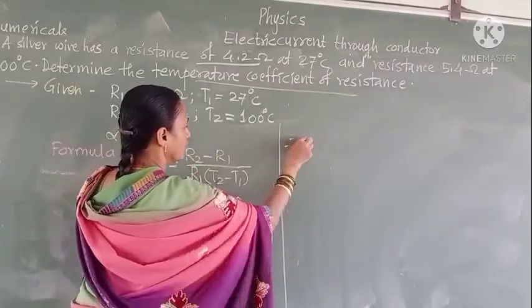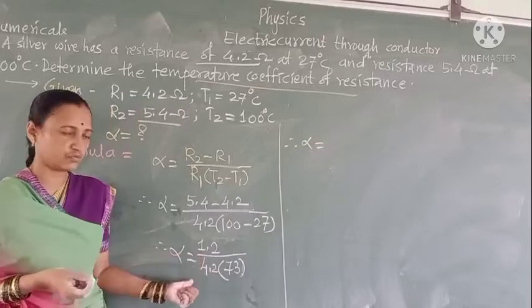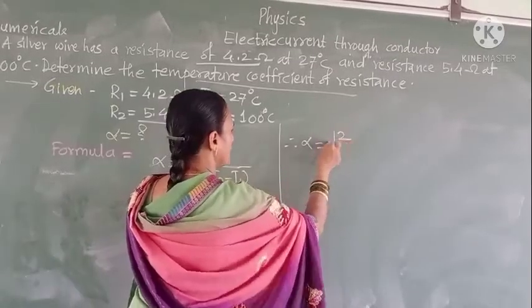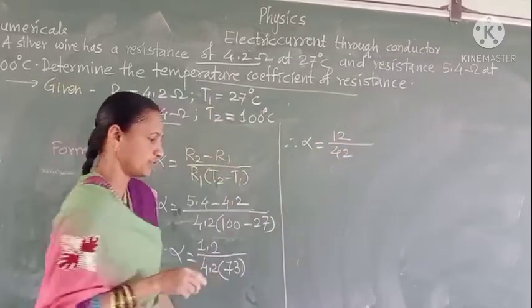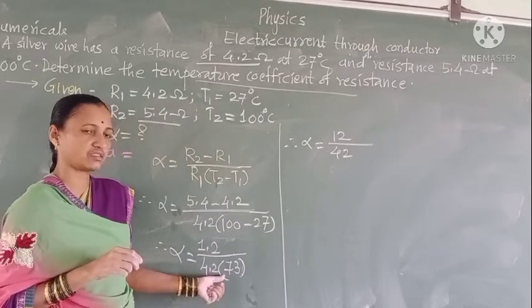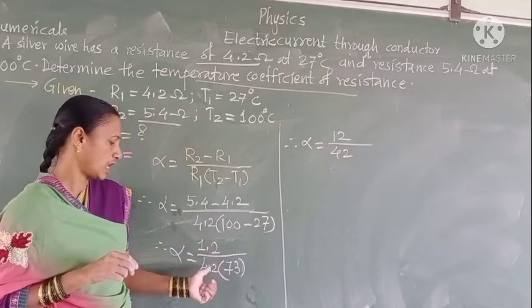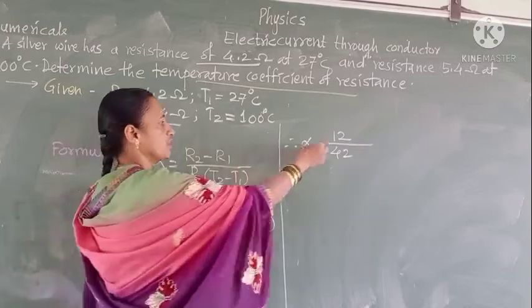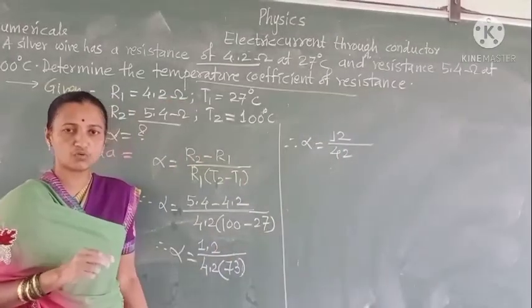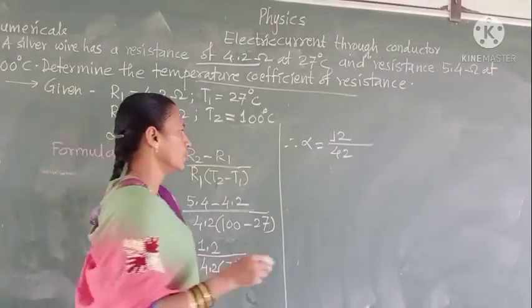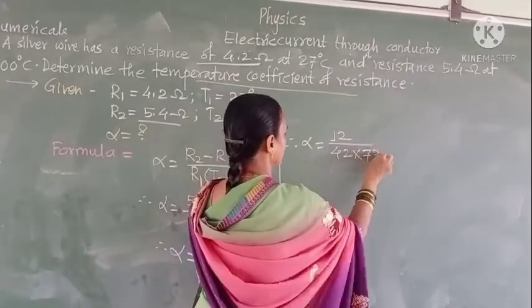Then we take this term in this way, that is 12 upon 42. Means we have to convert the decimal fraction, 1.2 upon 4.2, removing one decimal point. Therefore, we write here alpha is equal to 12 upon 42 into 73.